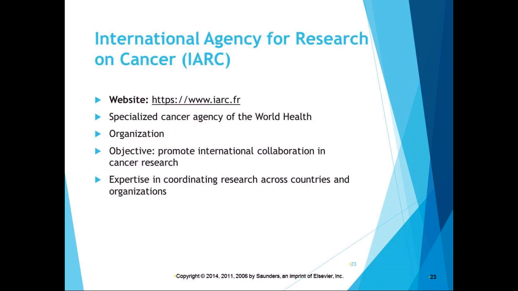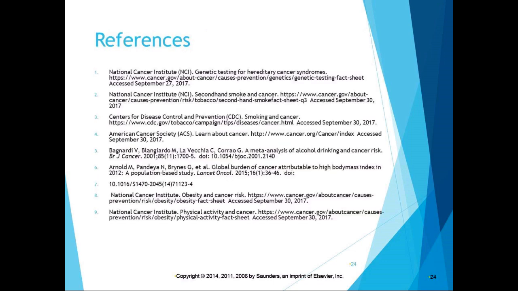The International Agency for Research on Cancer is a specialized area of the World Health Organization, and its objective is to promote international collaboration in cancer research and coordinate research across countries and organizations. So that's a pretty cool goal. So, a whole huge list of references which you can read through.